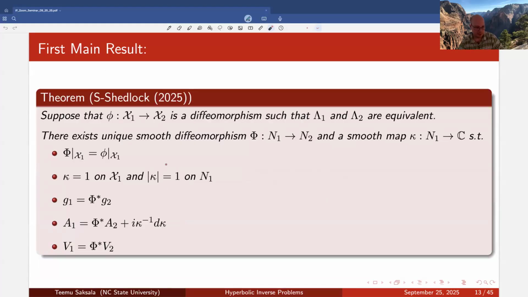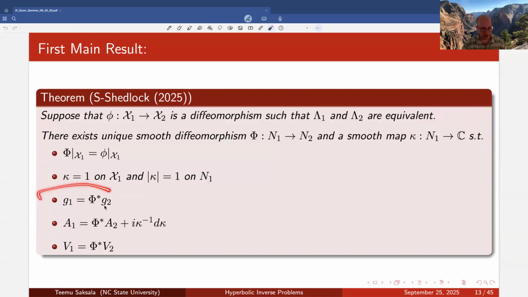So what we did with my PhD student Andrew Shedlock earlier this year, we showed that yes, exactly, this kind of gauge that I described is the only possible one. So if I have this a priori known diffeomorphism, which makes my source-to-solution operators equivalent, then I can promote this local diffeomorphism into a global one, and I can construct this smooth function kappa in such a way that it's 1 on the observation set, it's unitary elsewhere.